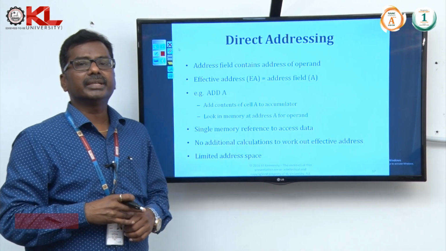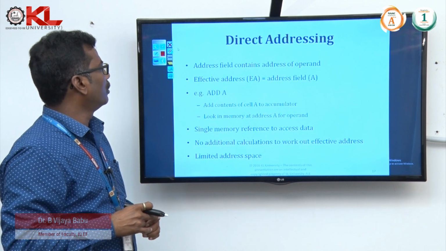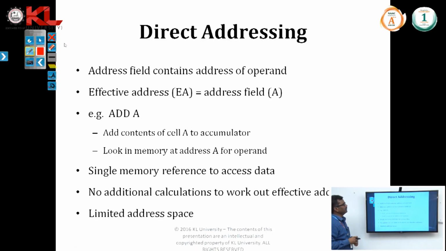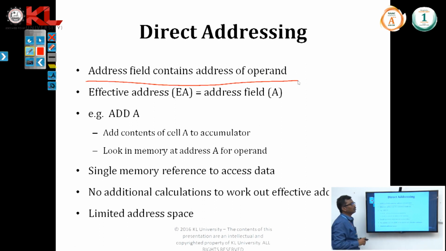Next one is direct addressing mode. In direct addressing mode, the address field contains the address of the operand. That means the operand is not available directly, unlike the previous immediate addressing mode. Instead, the address of that operand is available.